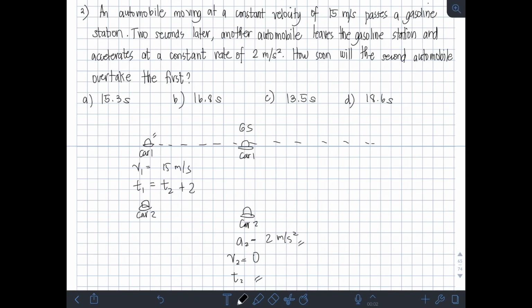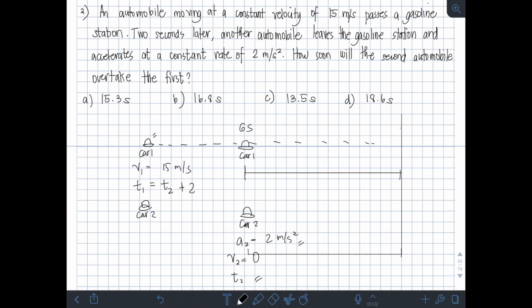Okay? So, ang tanong is, how soon will the second automobile overtake the first? So, let's say, ito yung overtaking point na yon. So, dito sila magmi-meet. So, ibig sabihin, dapat mag-i-equal yung distance traveled nila.